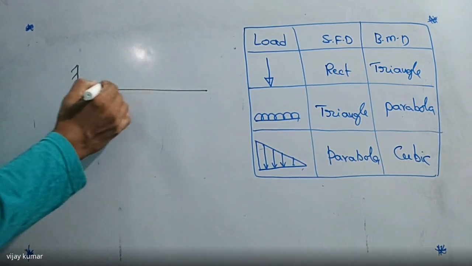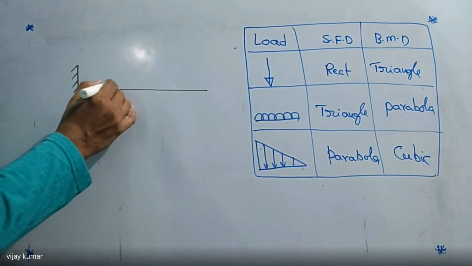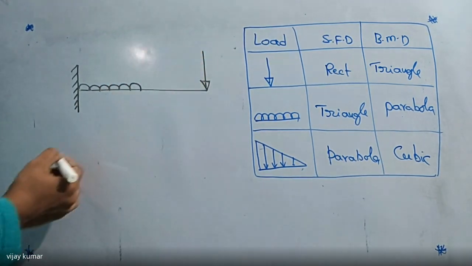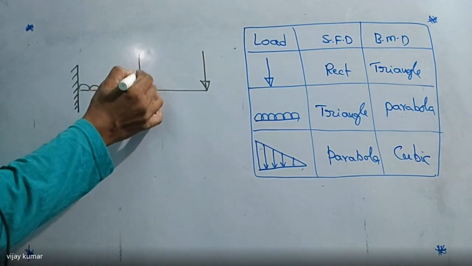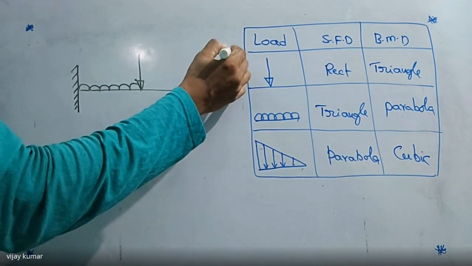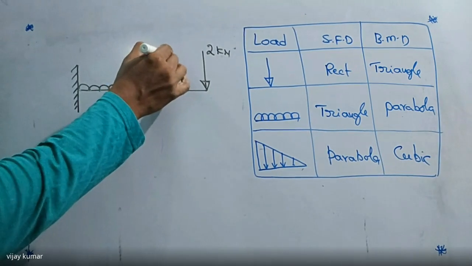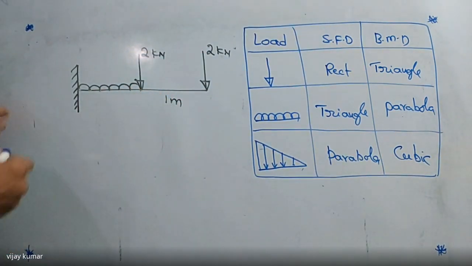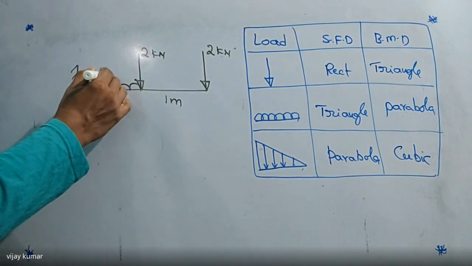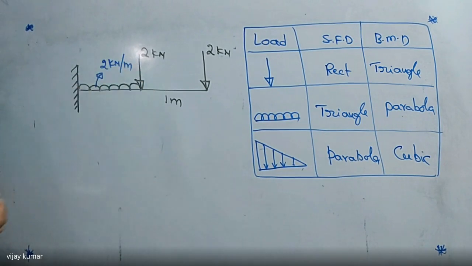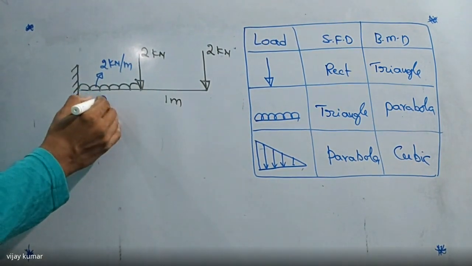For example, up to this one is a uniformly distributed load, and up to this one a point load is acting. At this point another point load is acting. It is 2 kilonewtons. It is also 2 kilonewtons, but the distance between these two is 1 meter. But this load is 2 kilonewton per meter, and this distance is also 2 meters.